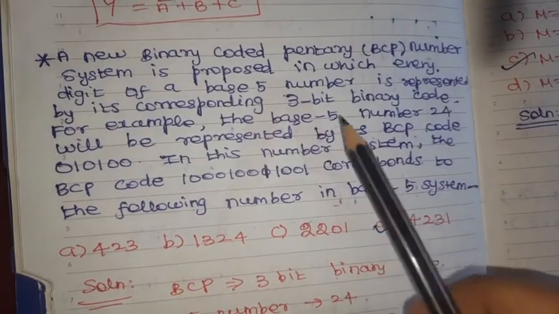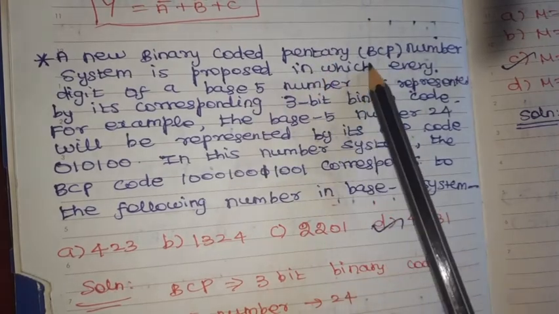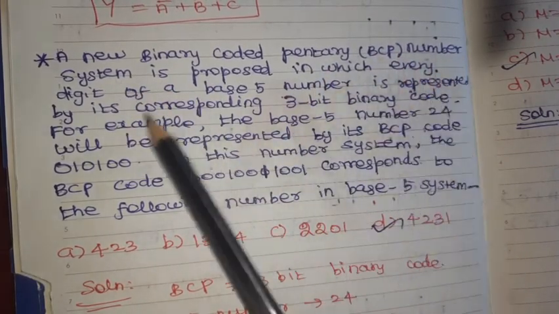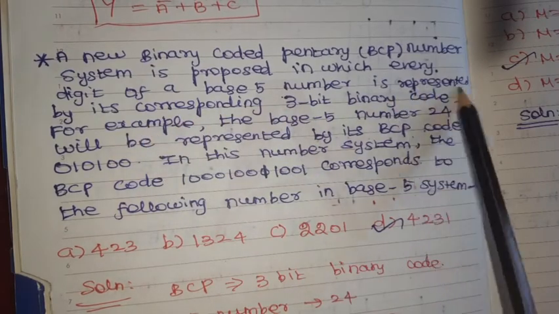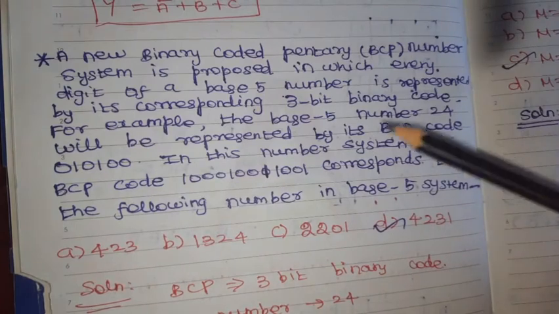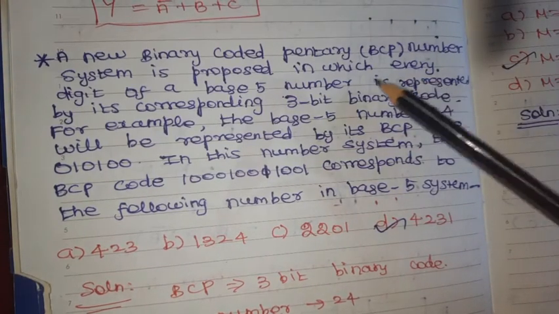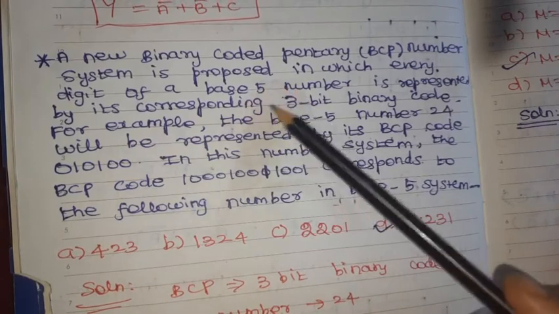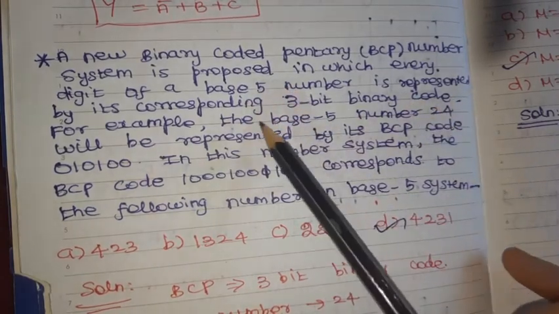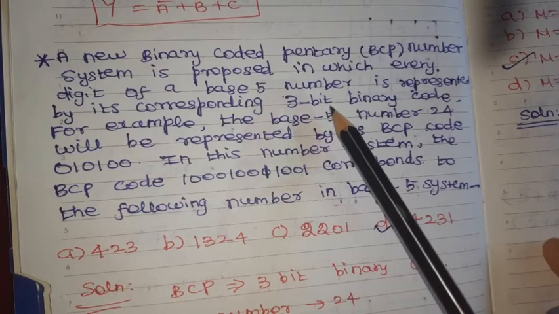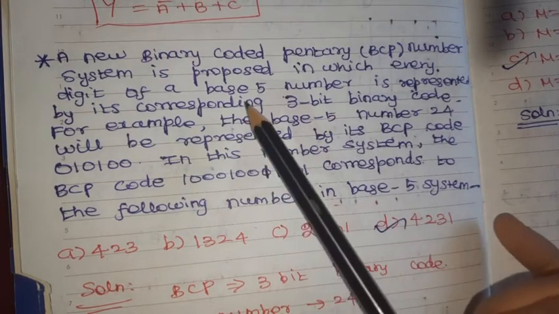A new binary coded Pentary BCP number system is proposed in which every digit of a base 5 number is represented by its corresponding 3-bit binary code. So this is a new binary coded Pentary number system. For every digit it can be represented by 3 bits and also base 5 number.